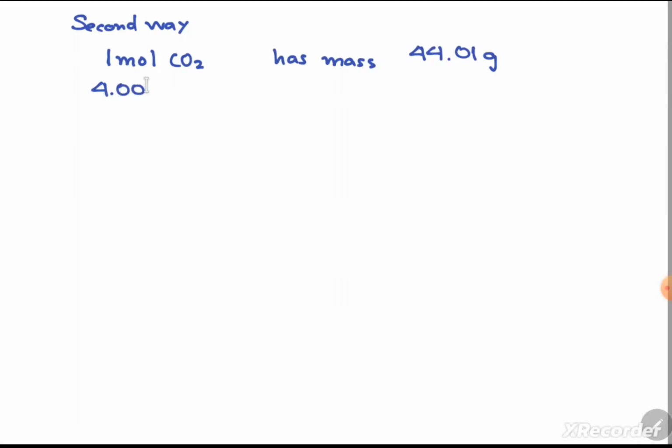Second way, we know that 1 mole of carbon dioxide has mass equal with the value of MR grams. So 4 mole of carbon dioxide has mass m grams.